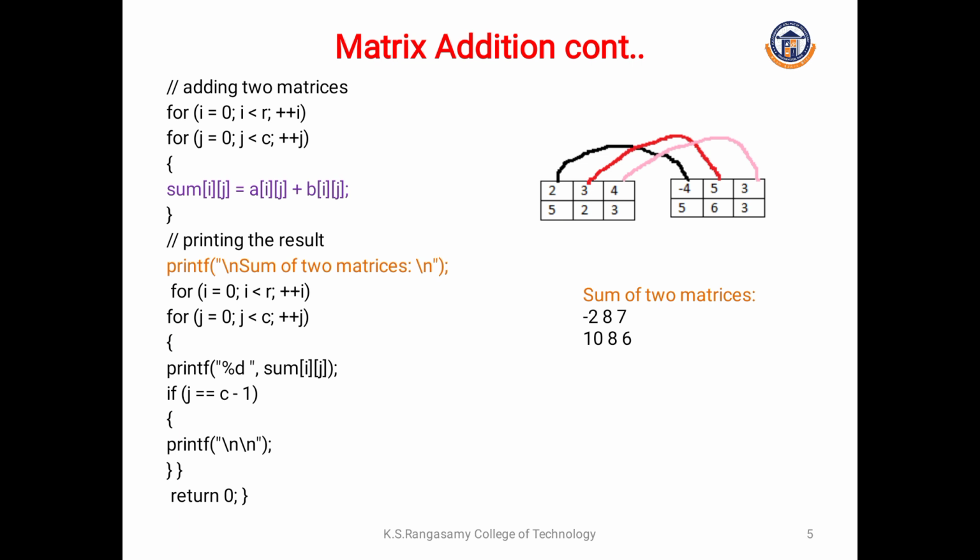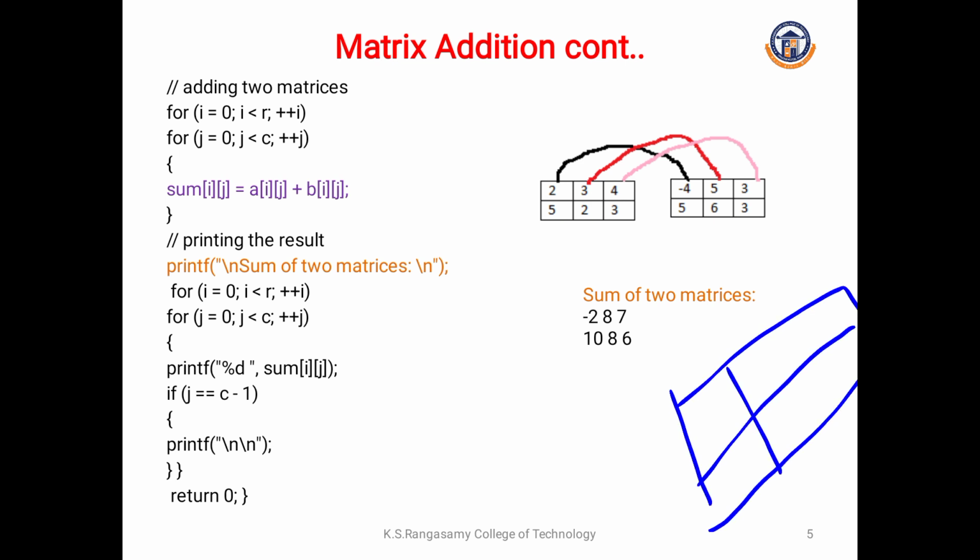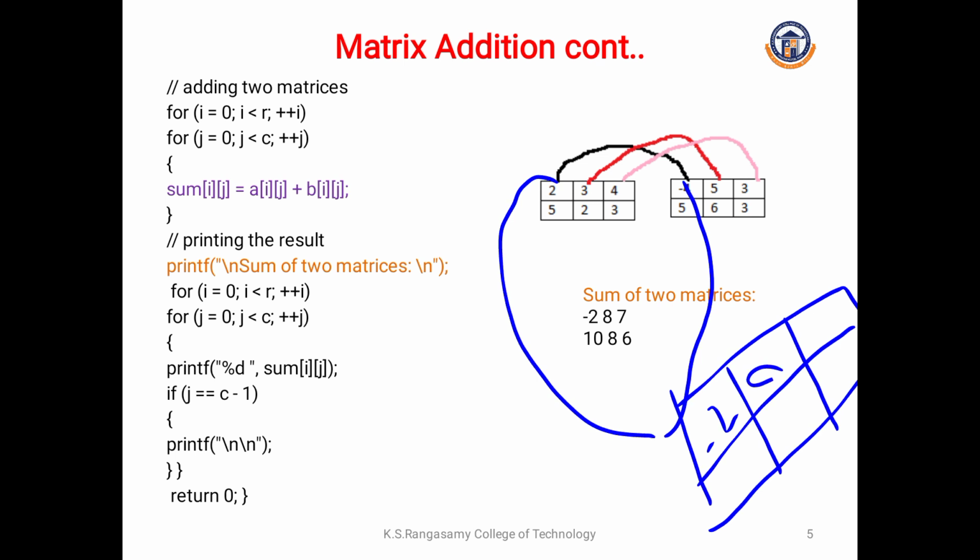So we need to add the values, and the resultant sum matrix will have 2 rows and 3 columns, since both matrices A and B are 2 rows and 3 columns. On adding the first element of the A row and the first element of the B row, we have 2 minus 4, which is -2, and the second element of the first matrix, 3 plus 5, is 8.